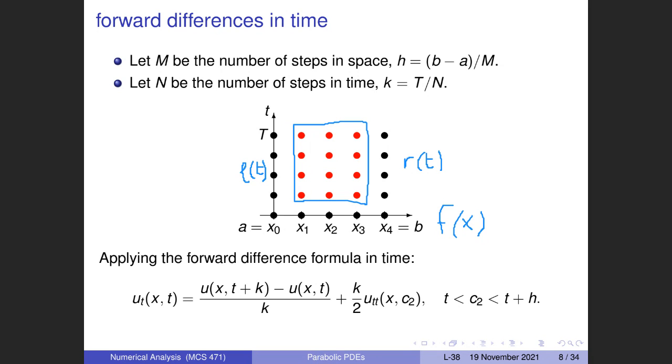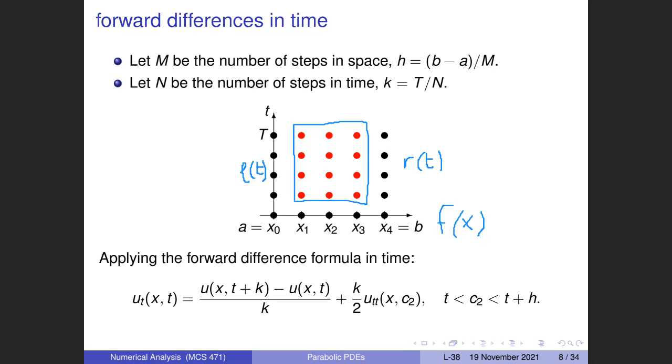So what is the time stepping formula? Well, we will apply in time the forward difference formula. So the forward difference formula keeps the x constant. So if you want, you can actually imagine that the x is not there, it's just a letter.